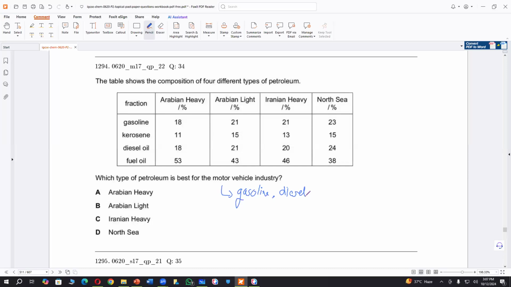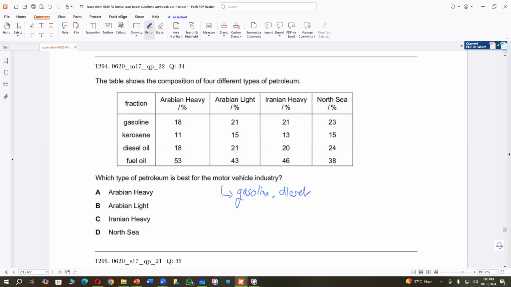So which type is best, which contains more quantity of gasoline and more quantity of diesel. But I'm saying petroleum can be broken down into all these. No, actually, you're right, but 100% separation is perhaps not possible, but you can do that.